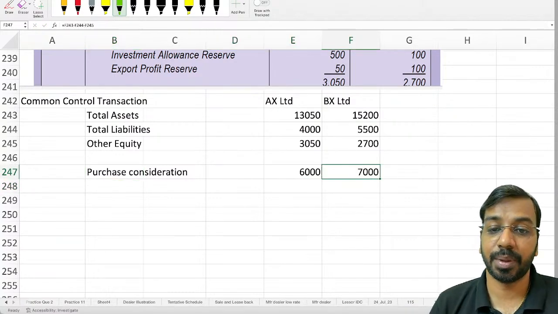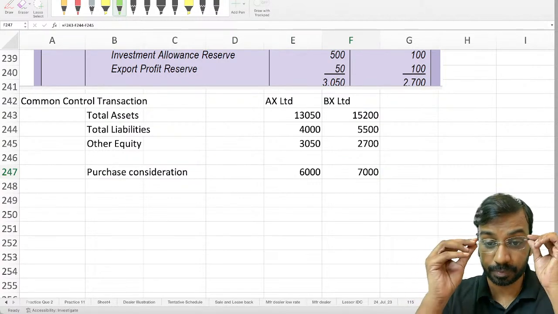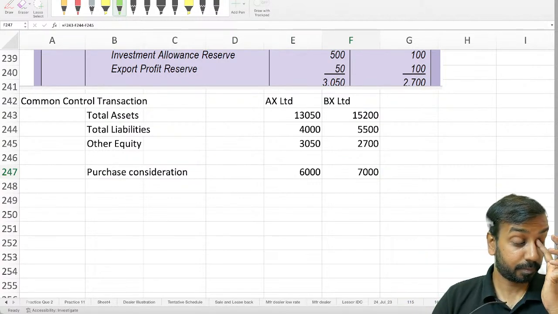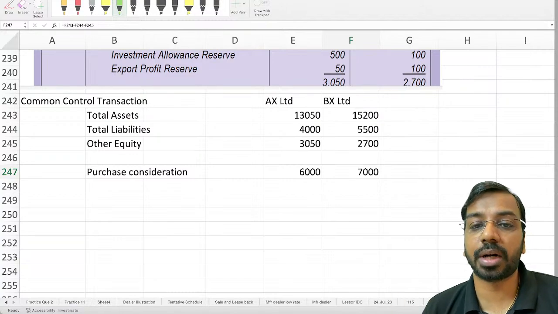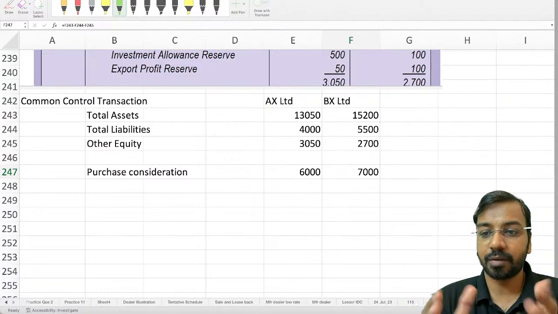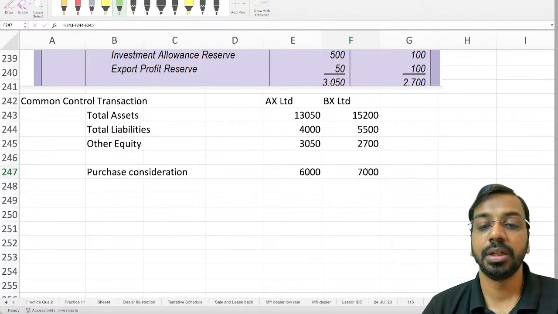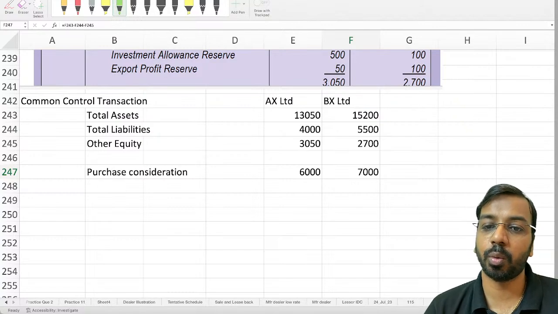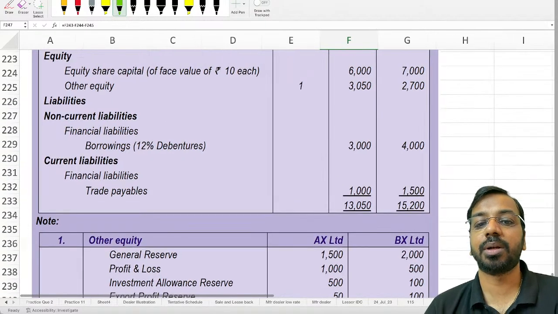for BX Limited. I am repeating once again, when there is a common control transaction, the purchase consideration will be only to the extent of, actually if you see this 6,000 and 7,000, that forms part of your equity share capital only, right? So this 6,000 and 7,000 that you have calculated is actually nothing but the equity share capital.